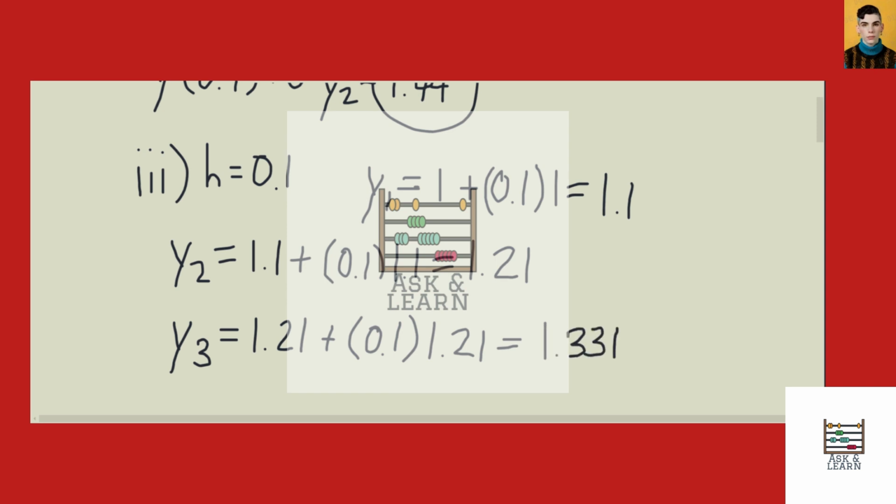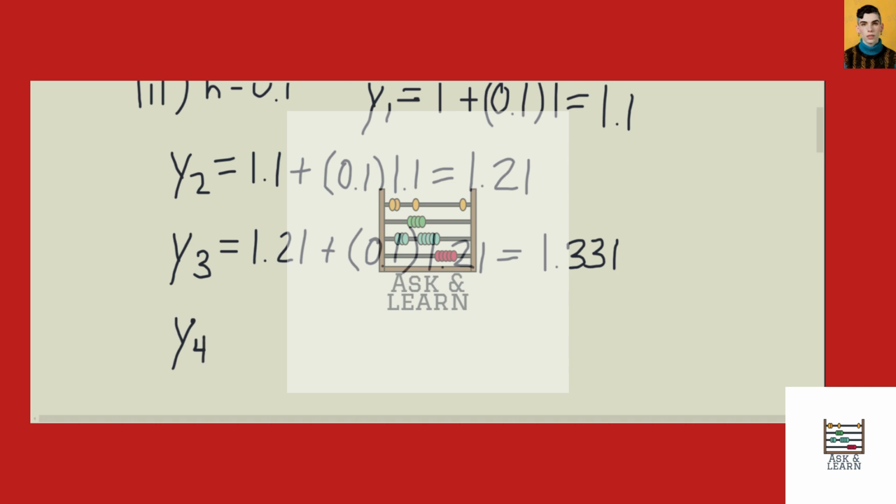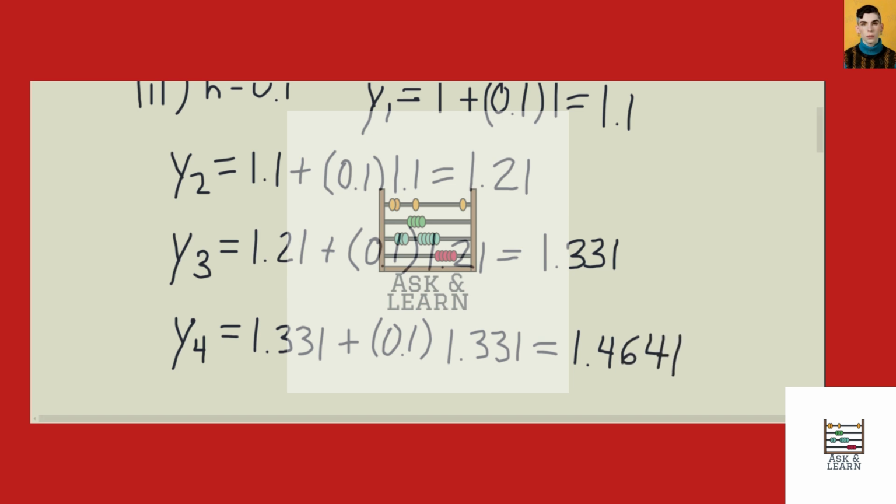And this is equal to 1.331. And finally, for our last step, we have the value y4 is equal to y3, or 1.331, plus 0.1 times the value of the function y at the point 0.3, 1.331, which gives us 1.331, which is equal to 1.4641.